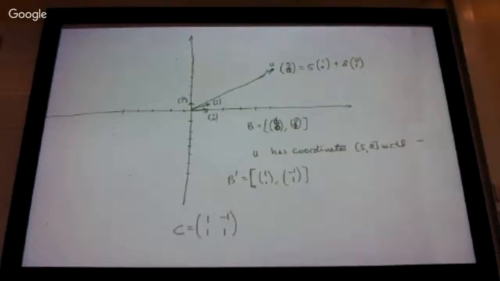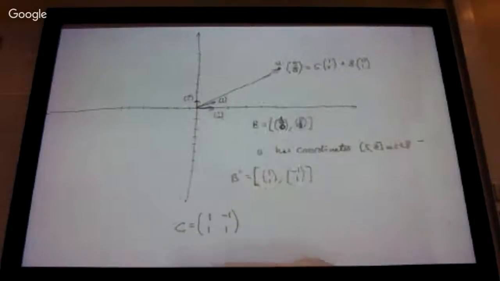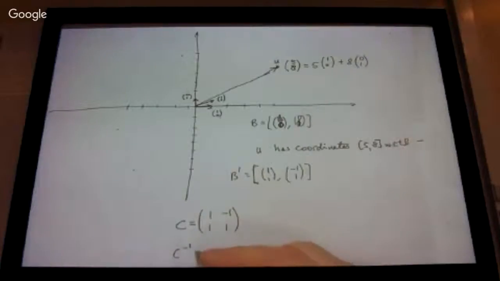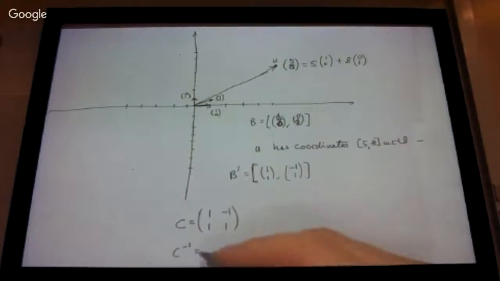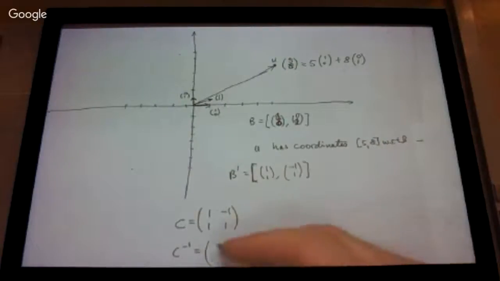And that converts the coordinates. And C inverse converts them back. So what is C inverse? Well, it'll be some 1/2.